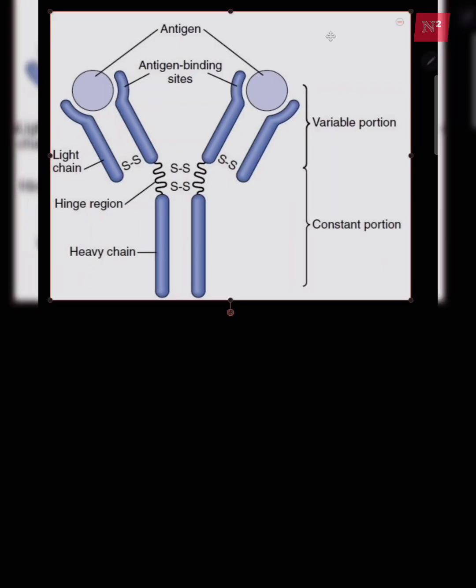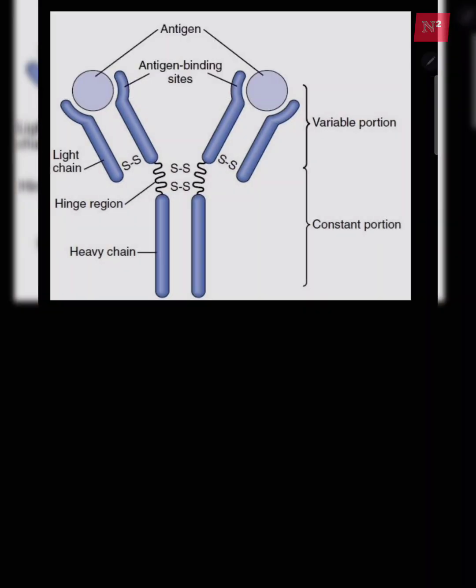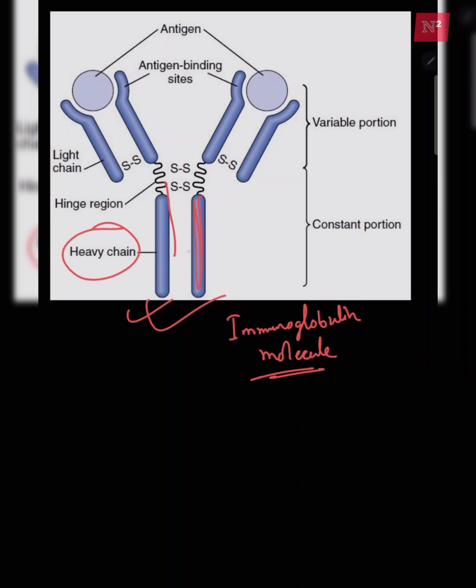So this picture is showing you how an immunoglobulin molecule looks like. The immunoglobulin molecule consists of heavy chains.